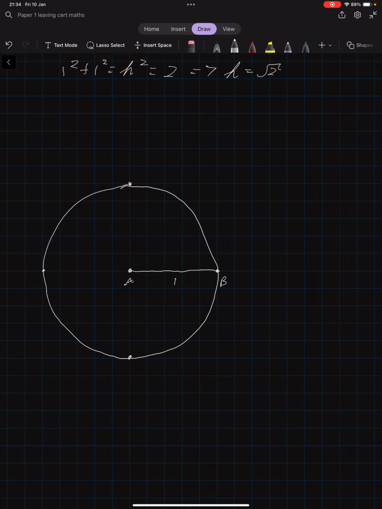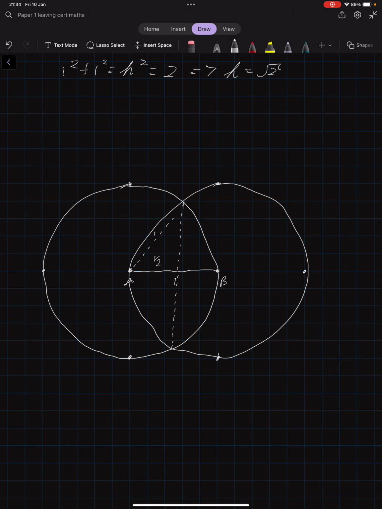Now you're going to make another one where the center of this is now B. Both those are 1. And what you have is that this distance here, this is 1, this distance is a half.